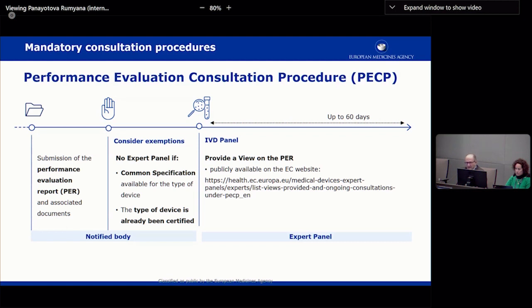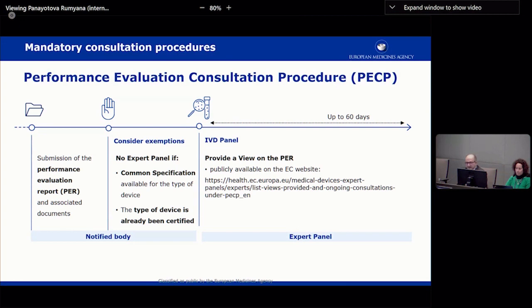And also, the way the process was set up is that whenever a type of device that came for this procedure was certified, then the same type of product would not need to come again. They would just have to have a look at what was published in that advice, which in this case for the IVDs we call a view, and then they would also be exempted from following the procedure.